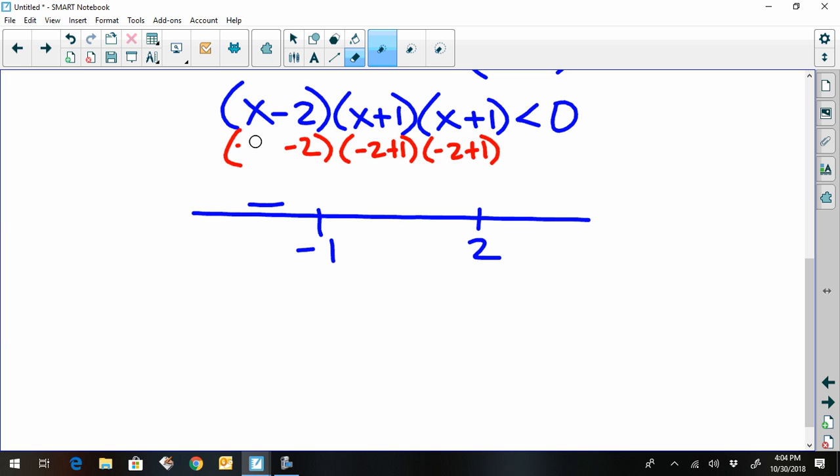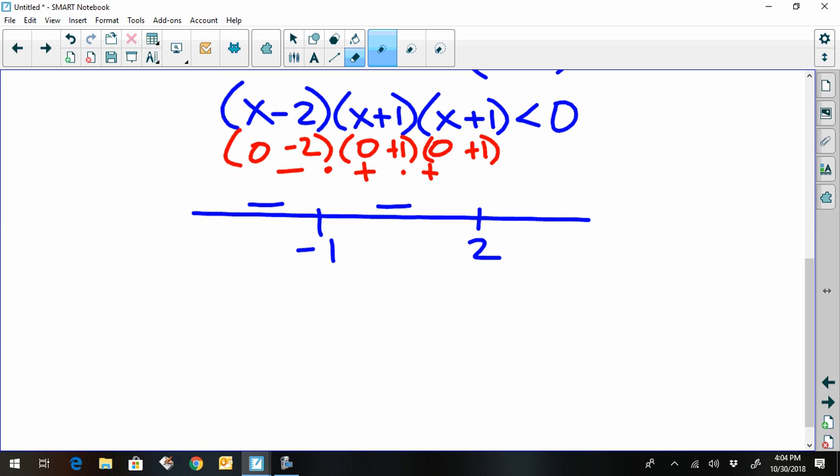Okay, now let's test a point between the two. A point between negative 1 and 2, I'm going to try 0. So I'll plug 0 in for x. 0 minus 2 is a negative times positive times another positive. So a negative times positive, that's going to be a negative.